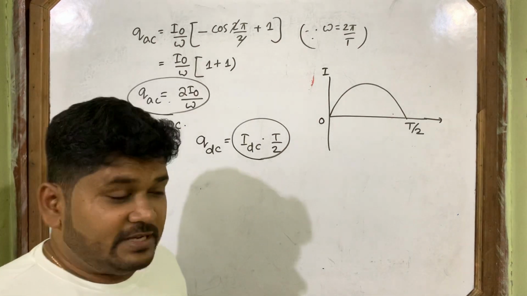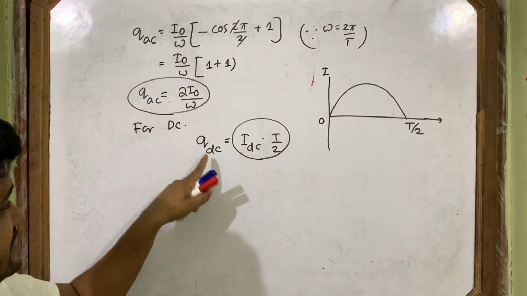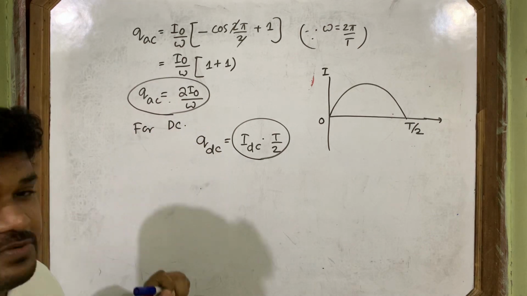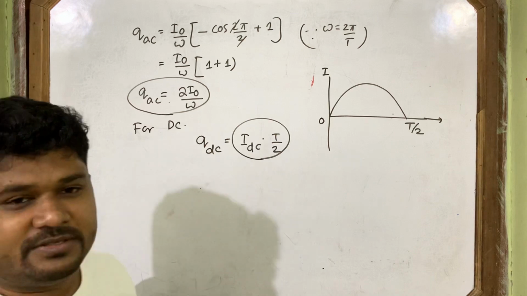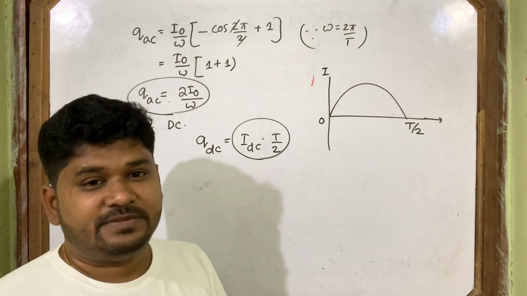But I have told you, if the charge flow is the same, if Q AC is equal to Q DC, then this DC value will be called the average value.